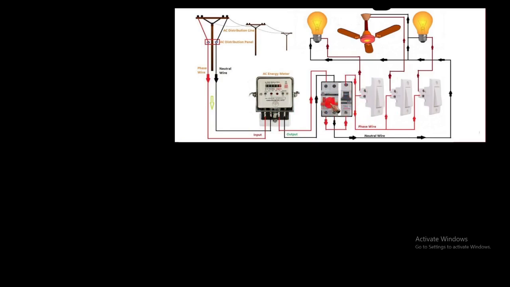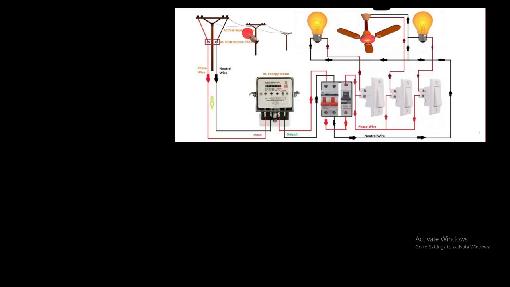This is the main switch, a main DPST switch, then it is connected to one single switch, that is one MCB. Then we connect the 3 switches here, then the different lamps and loads, that is lights and fans, and everywhere the neutral is joined here.